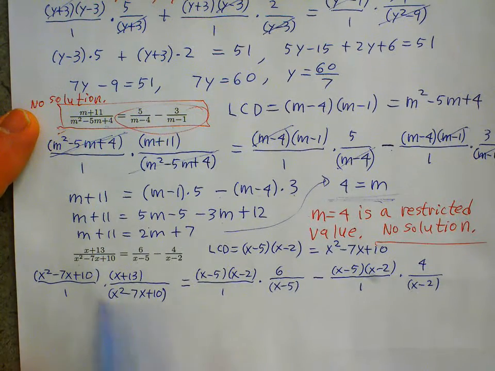In each of those products, we get cancellations. So on the left, x squared minus 7x plus 10 divided by x squared minus 7x plus 10. Those cancel, and we're left with x plus 13.